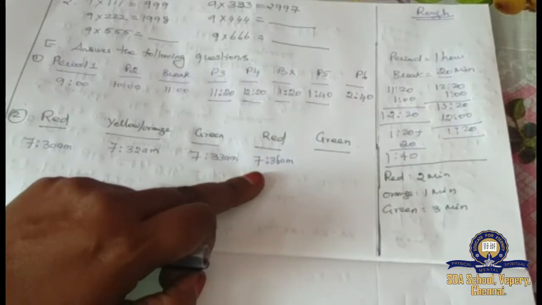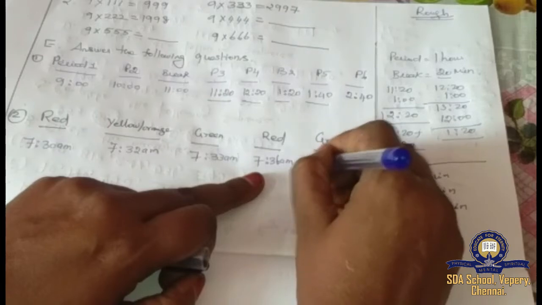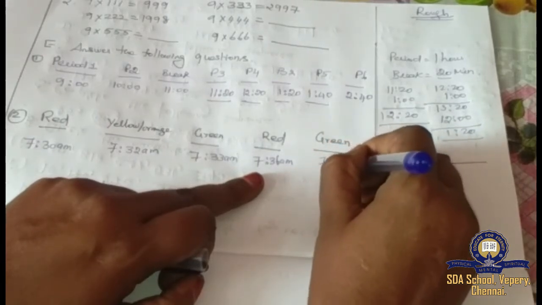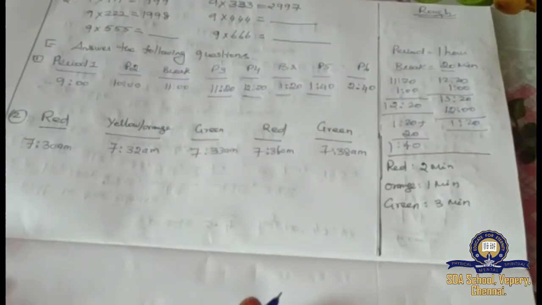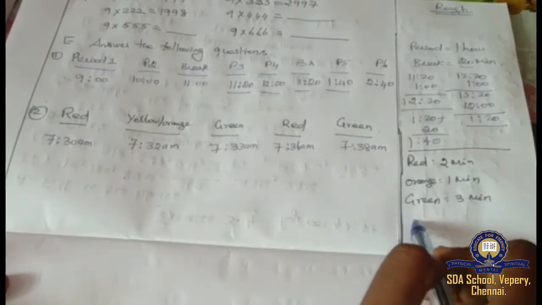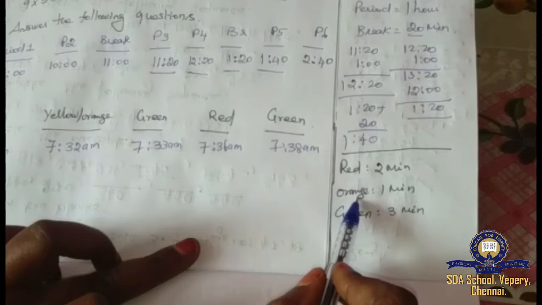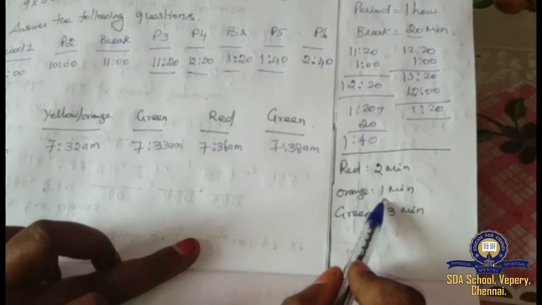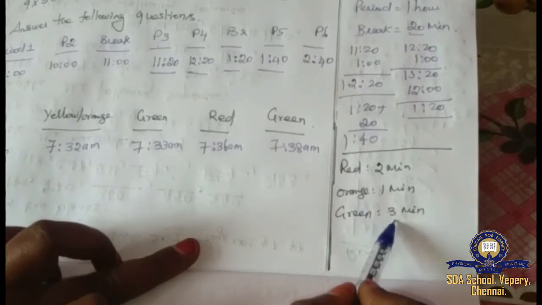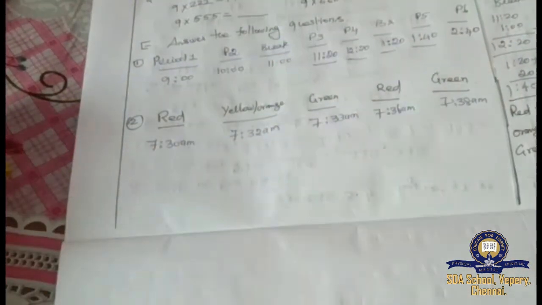After 36, 37, 38. 7:38 a.m. So in each light you have to check with the minutes. For red light add 2 minutes, for orange light add 1 minute, for green light add 3 minutes. Understand, kids? Good.